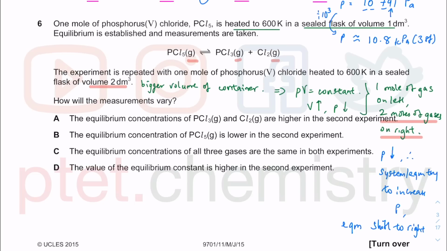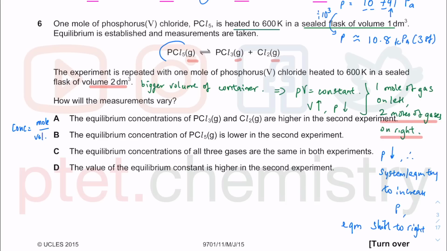Ultimately, that will mean that I will have lesser PCl5 as the equilibrium shifts to the right. And remember, bigger volume, lesser PCl5, you have concentration equal to amount, basically the mole over the volume. So you have lesser mole of these, but you have greater volume of the container, which will be the volume of the gas, as gas occupies the volume of the container.